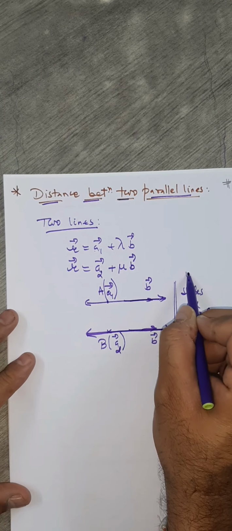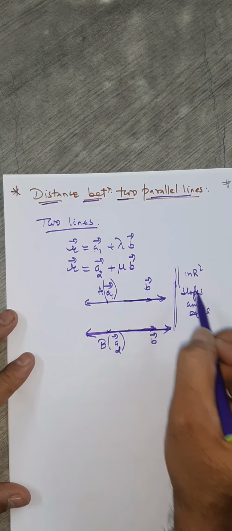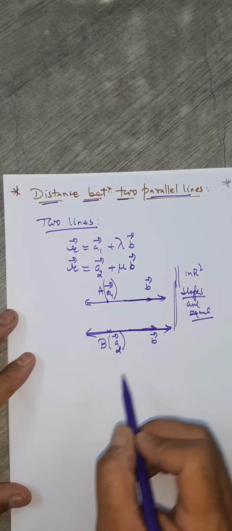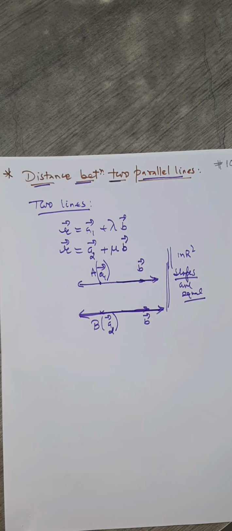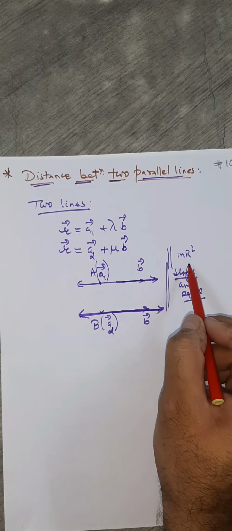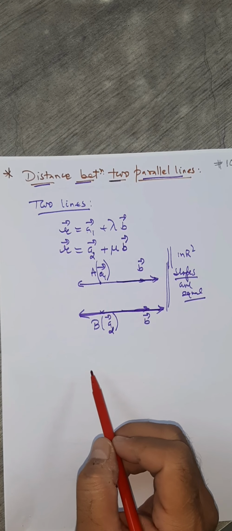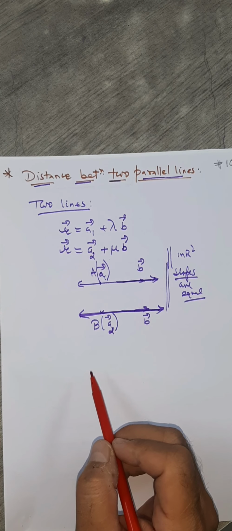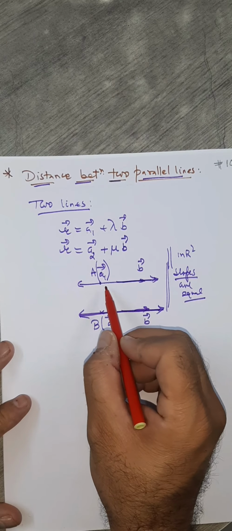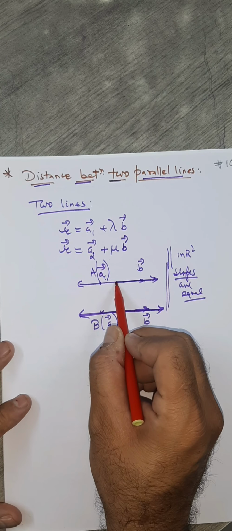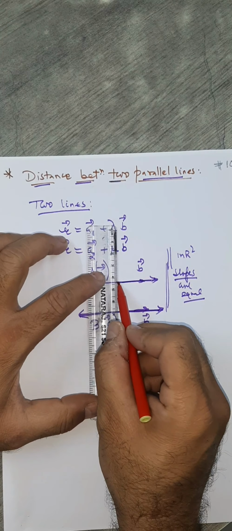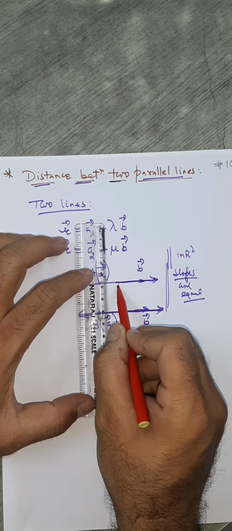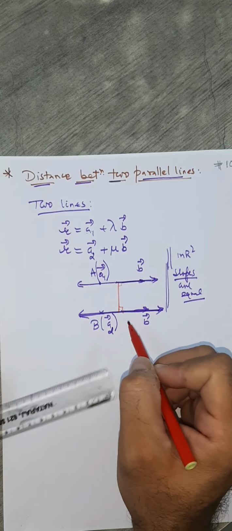In R2, which we did in coordinate geometry. Here, when two lines are parallel, the directions are multiples or the same. Fine, I'm just reminding you from R2. Okay, now we want the distance between these two lines, that is, we want this parallel distance, this one. We want this, right? The distance between these two parallel lines.